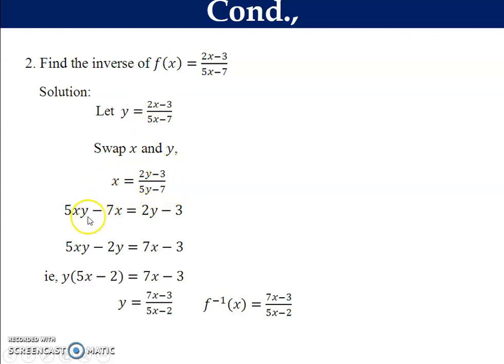Now cross multiply and solve, and we finally get y(5x - 2) = 7x - 3. So y, which is f inverse of x, equals (7x - 3)/(5x - 2). This is the inverse function of the given function.